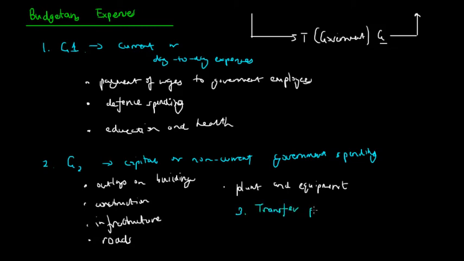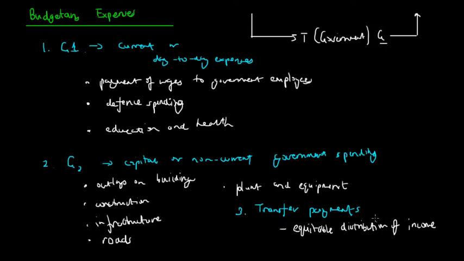And lastly, the government uses its revenue on what is known as transfer payments, and this greatly relates to the achievement of an equitable distribution of income. So this allows everyone to live a reasonable standard of living.